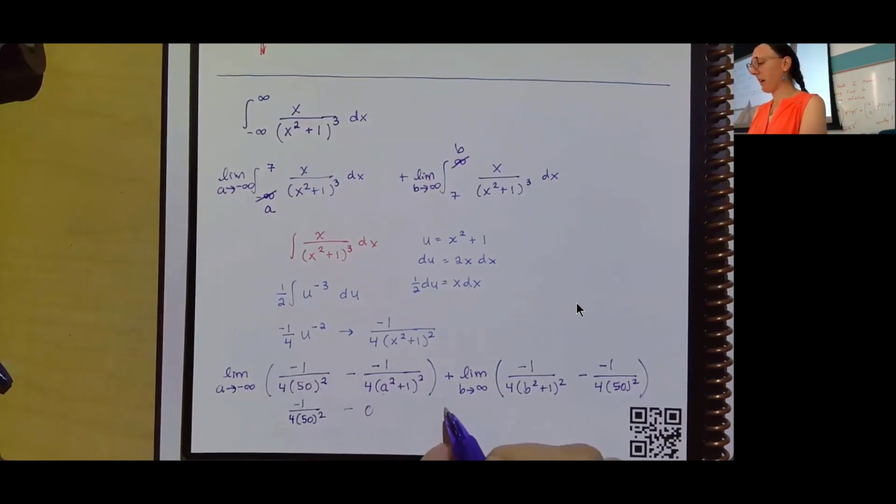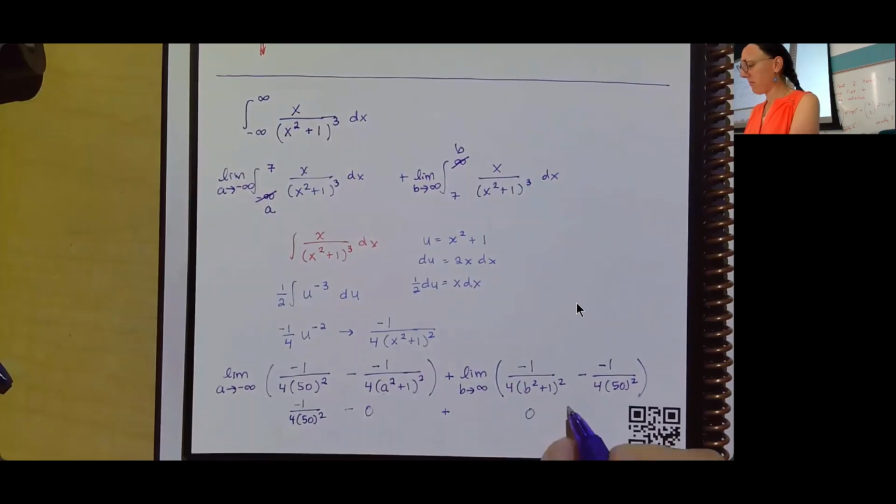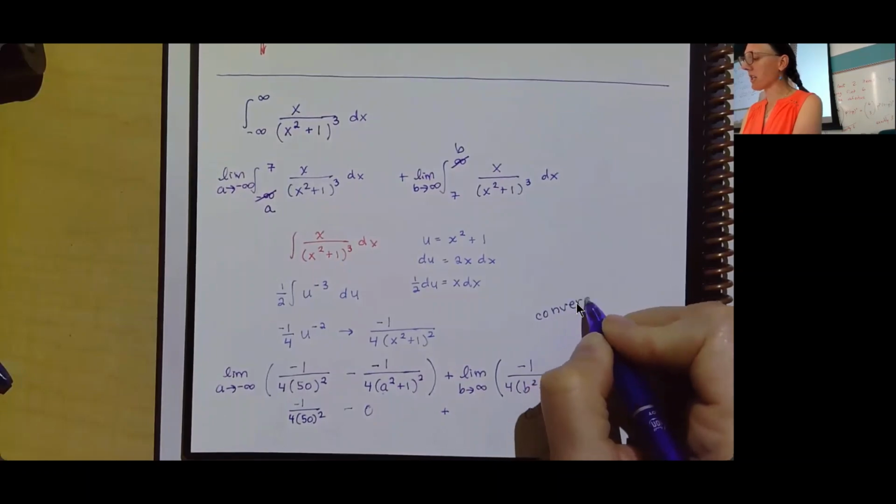Looking at the piece back here, same kind of thing's going to happen when I plug in the infinity. I'm going to have 1 over infinity. That part's going to 0. And I didn't get infinity in my final answer, so I get to write the word converges.